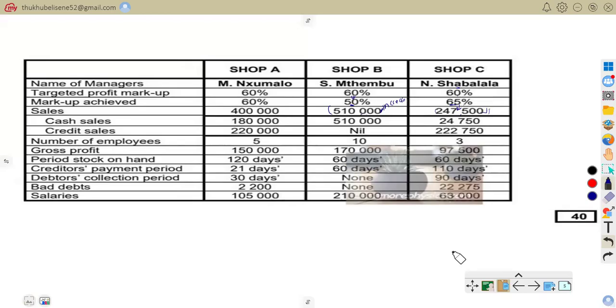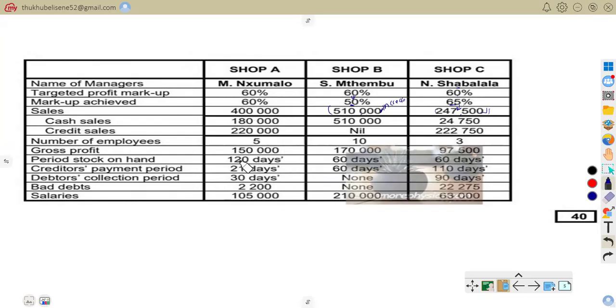So now let us attend to that as we are going to try by all means to identify a problem from each shop, as we are having shop A, shop B, and shop C. So you're going to identify the problem using figures and then providing what? A solution.